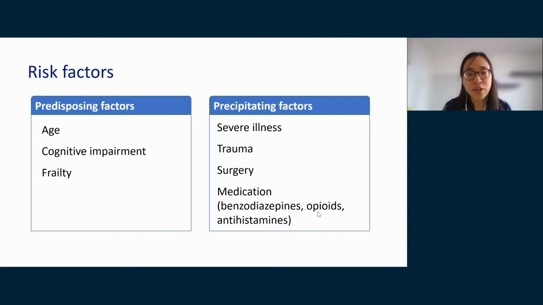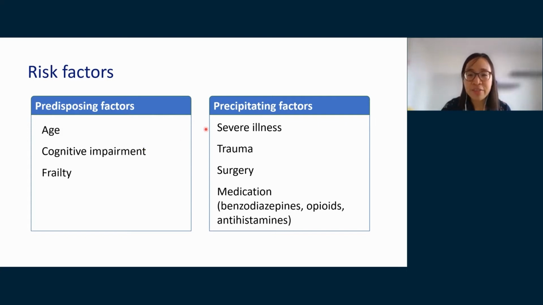Here are the risk factors of delirium, which can be broadly classified into predisposing factors and precipitating factors. Predicting delirium risk in individuals remains very difficult. For instance, cognitive impairment is often undetected or not properly documented, and over half of patients with dementia are thought to remain undiagnosed.